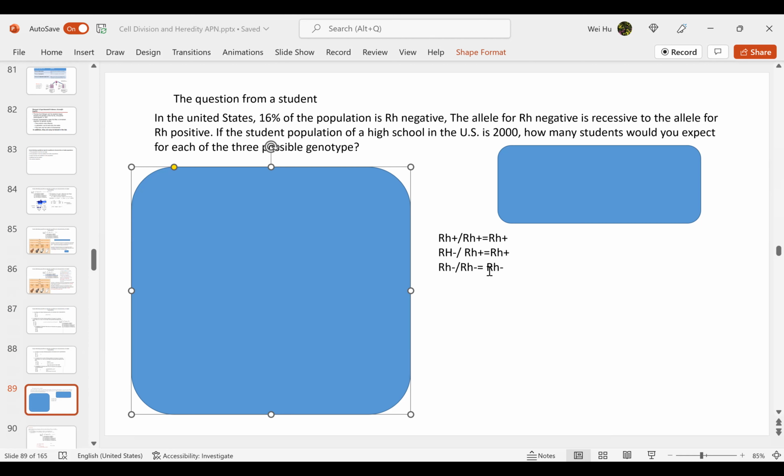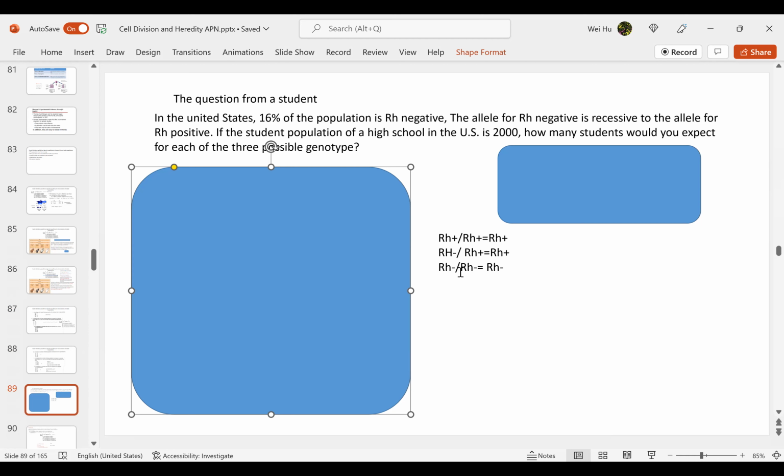So the concept for Rh blood, so you have ABO blood. Everyone knows ABO because ABO blood will be written in your birth certificate. So you also have Rh blood. So Rh positive is dominant. As long as you have one Rh antigen on your red blood cells, you are Rh positive.